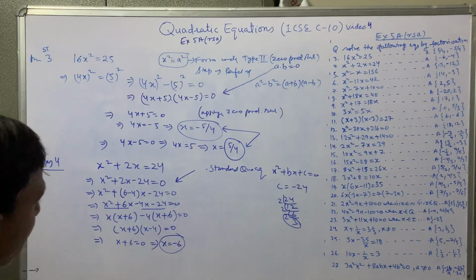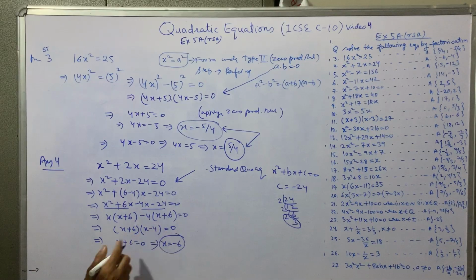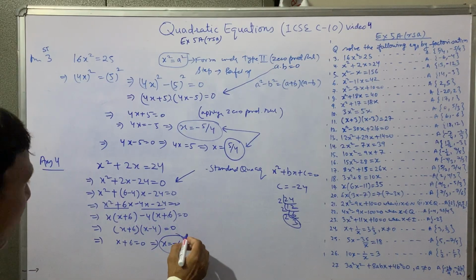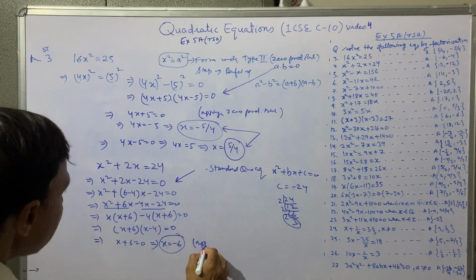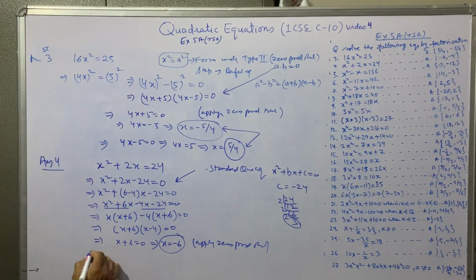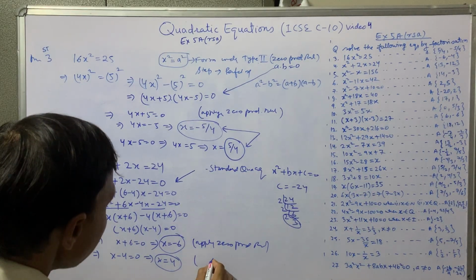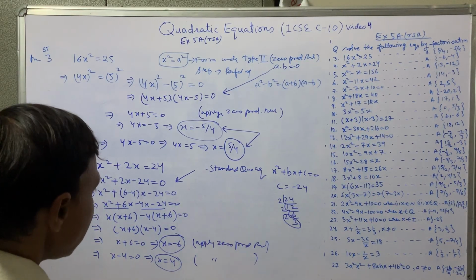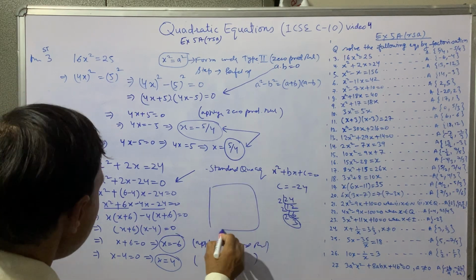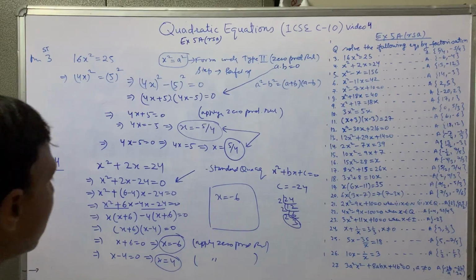So, one value of x we got, x equal to minus 6, and then taking the b part, which is x minus 4 is equal to 0, we are getting x is equal to 4. We got the other solution also, again applying the zero product rule. In this way we got the answer. The solutions are x is equal to minus 6 and x is equal to 4.